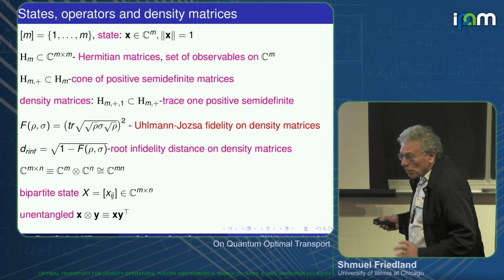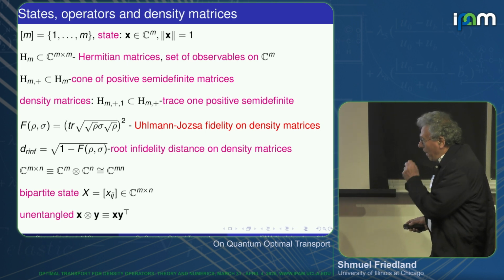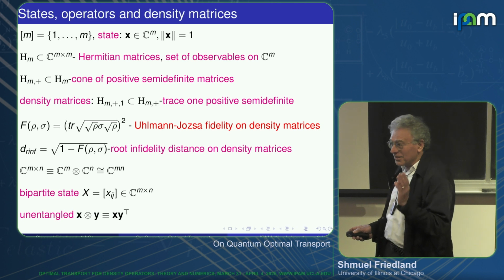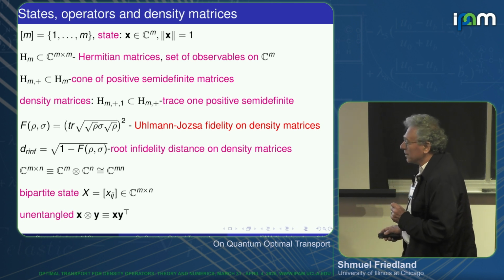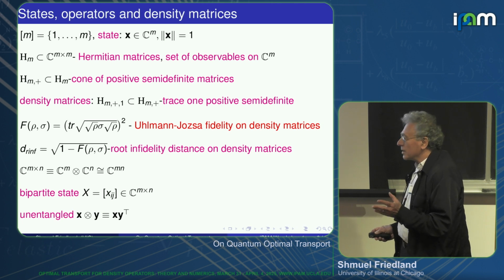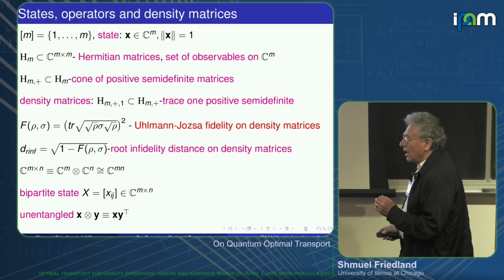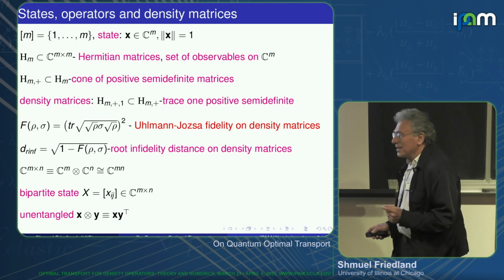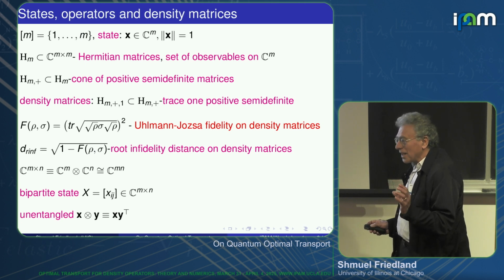Now, one of the most important things of quantum mechanics is entanglement, right? Entanglement was mentioned maybe the first time by Schrödinger, but then it became very famous with a paper by Einstein, Podolsky, and Rosen.